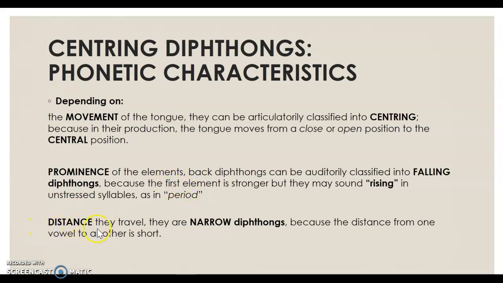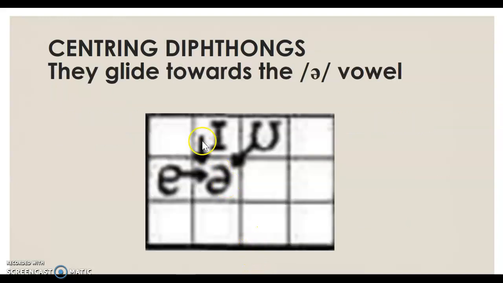Analyzing the distance the tongue travels, all of them are considered narrow diphthongs. If you pay attention, the arrow we draw from one element to the other is a small narrow arrow, so that's why they are considered narrow diphthongs.